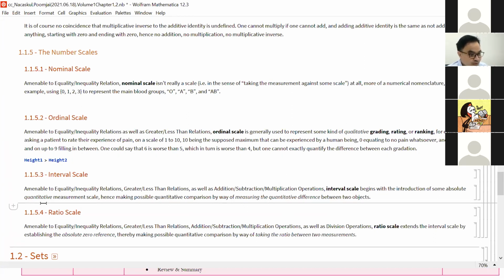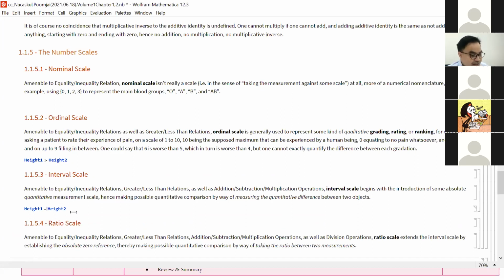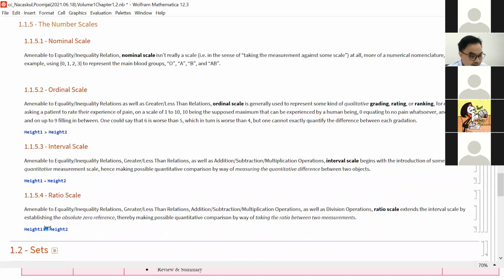You can also do minus, and you can also do divide. You can do all this with any quantity, but it will only make sense for height. It would not make sense for temperature in centigrade. Doesn't make sense. So I hope you get that. So that's simple, right?